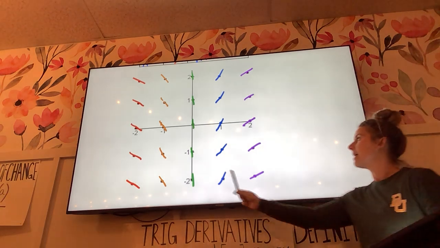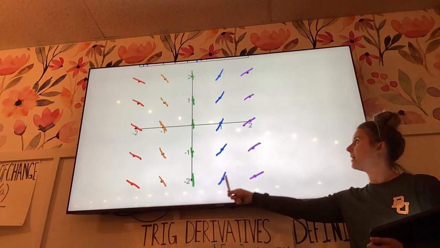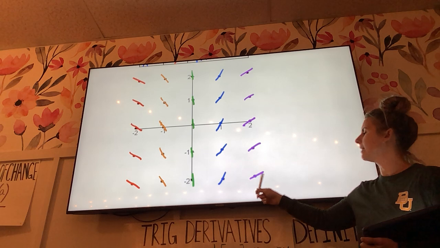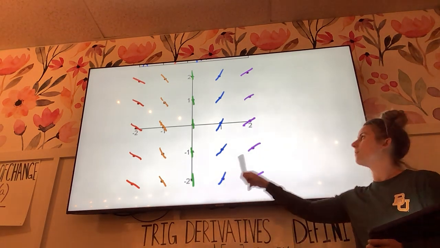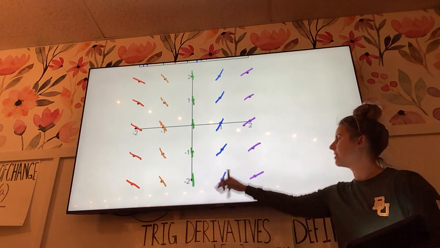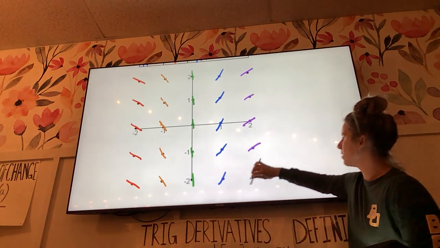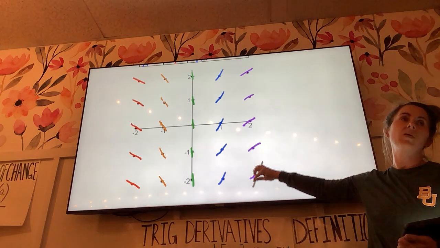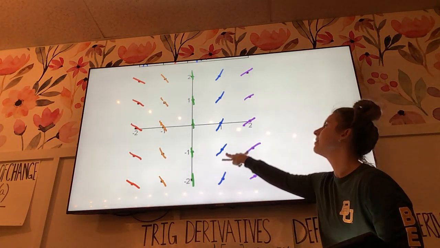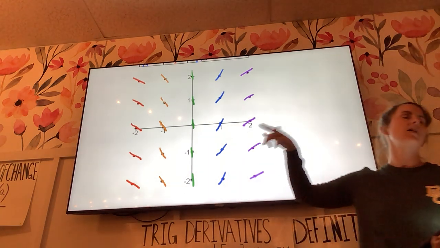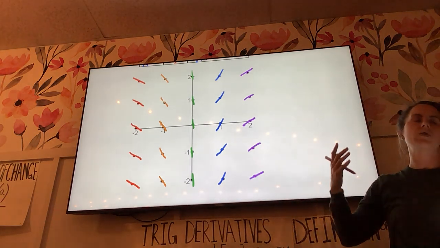These guys should be steeper than these guys because this is 1/2, this is 1. If you draw slopes where this is more shallow and this one is steeper, that's where you would lose points. But they're not going to say, well, these look almost the same, we're going to count off, because it's impossible to get your slope field perfect, especially if you're drawing it by hand.